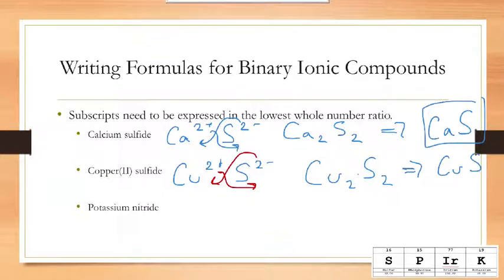Now our last one, we have potassium nitride. We know that potassium is K+, and the nitride ion is N3-. So when we crisscross our charges, we bring our plus 1 over by the N, the 3 minus over by the K, and we're going to end up with K3N.